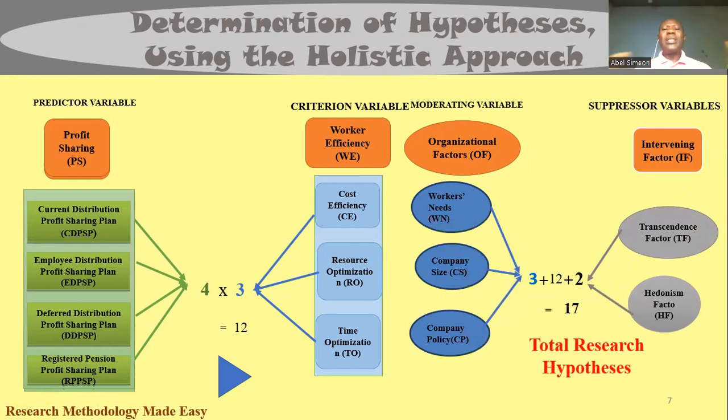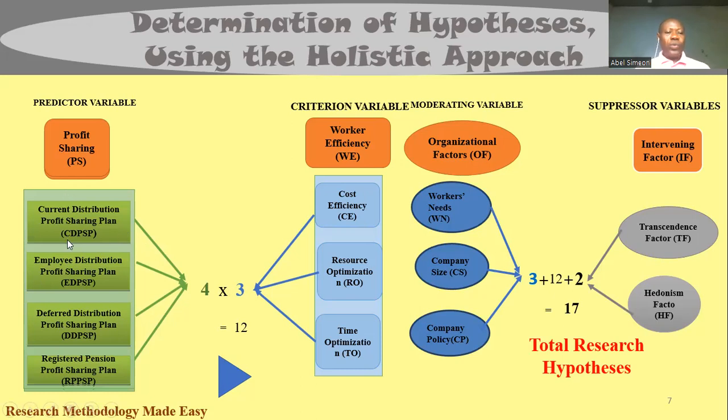But don't say, oh, it is too much. It is too much because your dimensions, measures, moderating variables and suppressor variables are too many. If you want to reduce the research hypotheses, just reduce the number of dimensions.